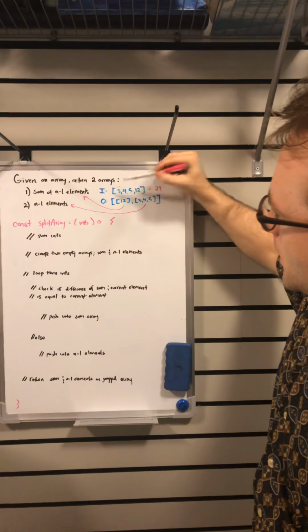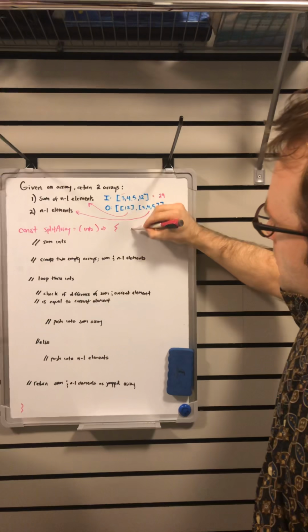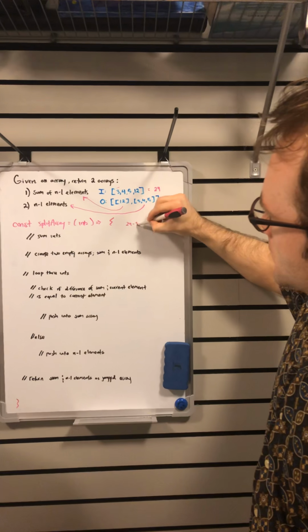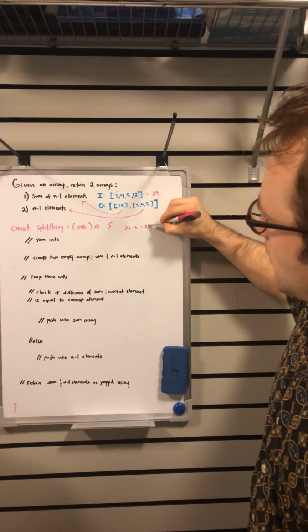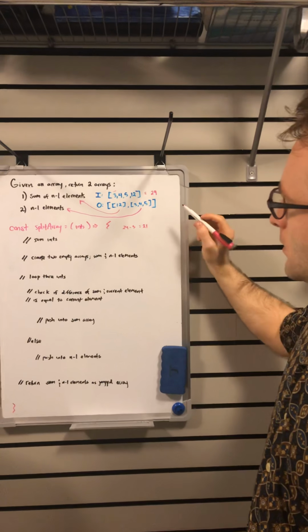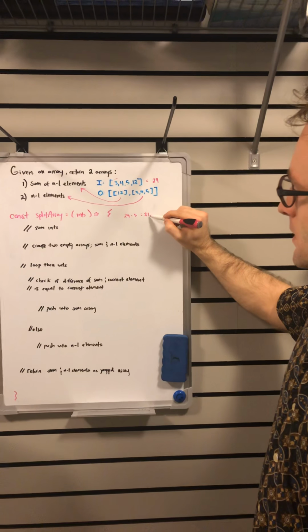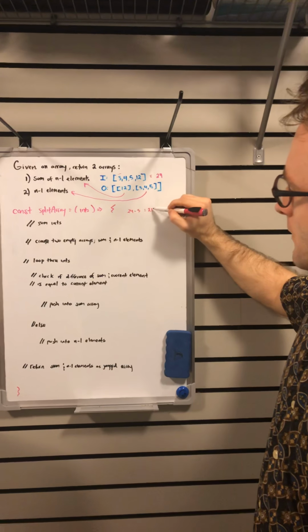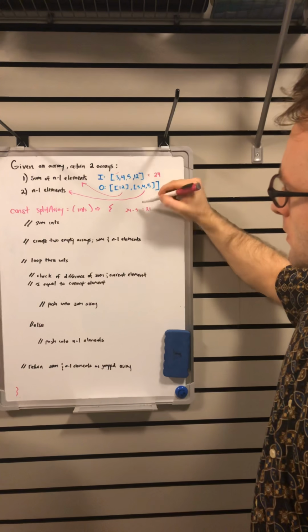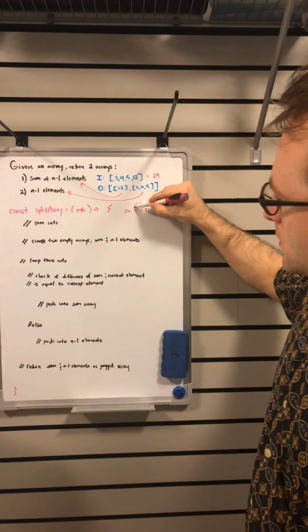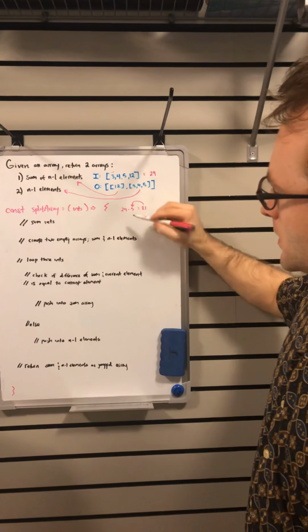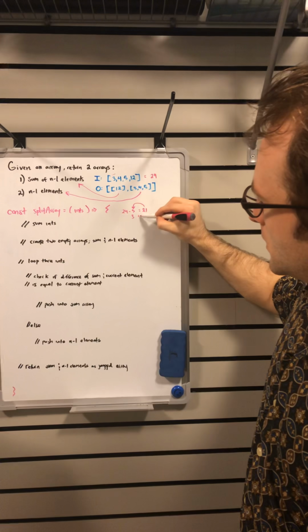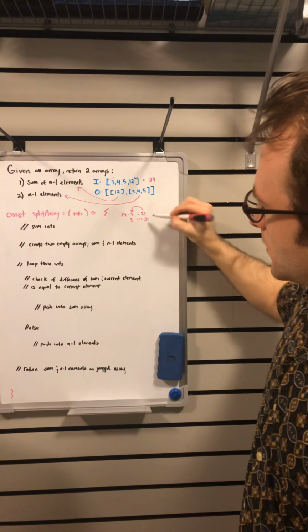So if we're on 3, we would do 24 minus 3, which would give us 21. And then we take this difference and check to see if that difference is equal to this current element.